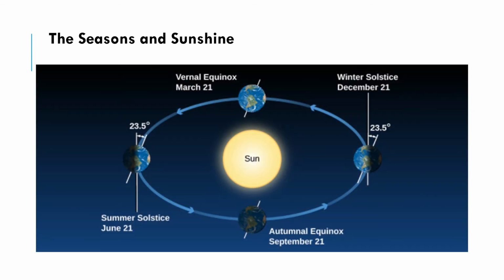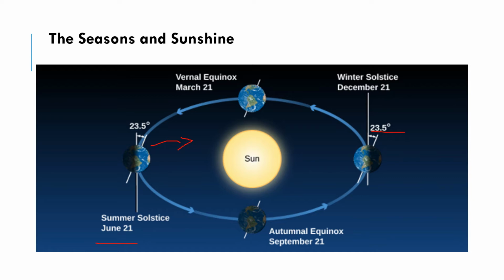This figure shows Earth's annual path around the Sun. With Earth's axis tilted by 23.5 degrees, note that our axis continues to point the same direction in the sky throughout the year. As Earth travels around the Sun in June, the northern hemisphere leans into the Sun and is more directly illuminated.